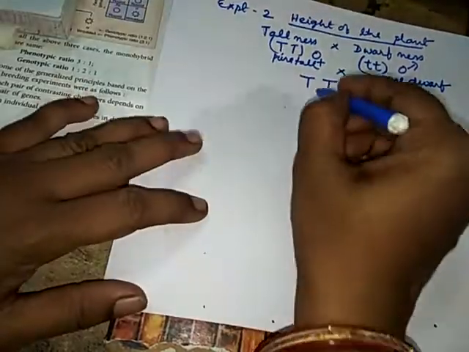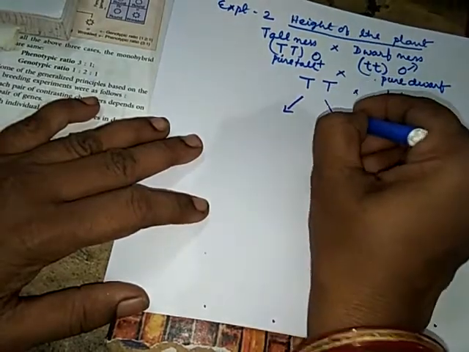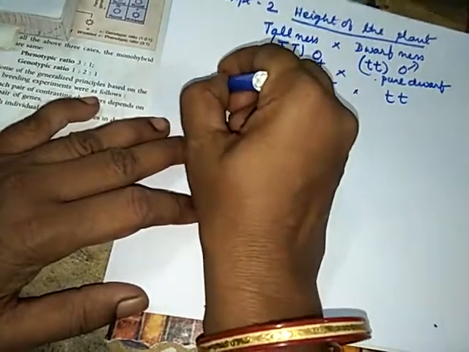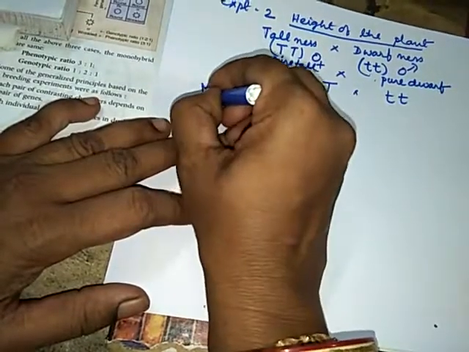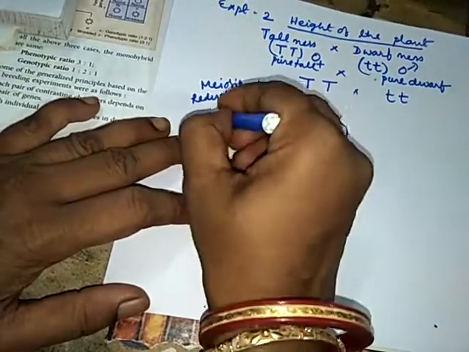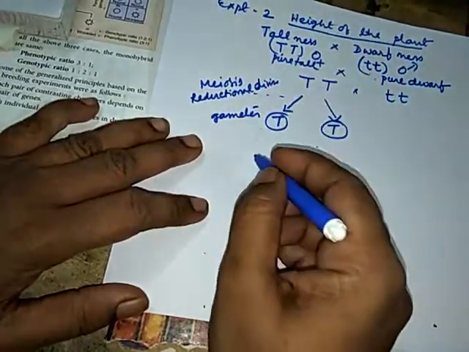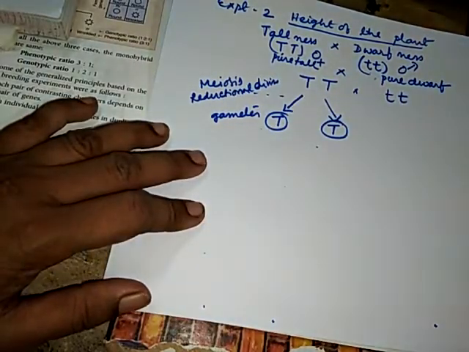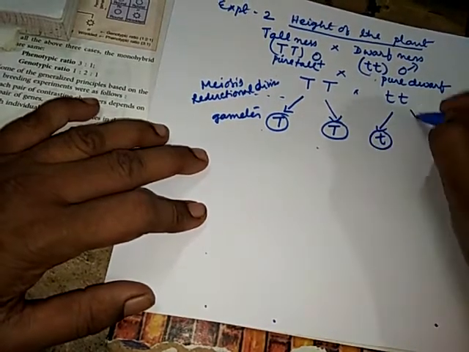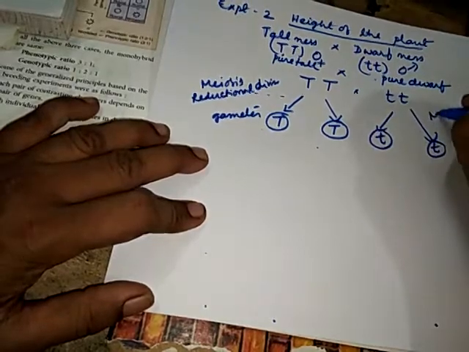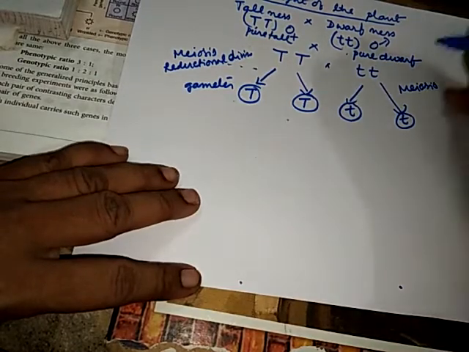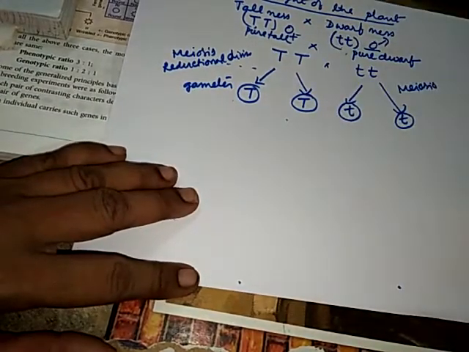So giving the gametes, that is forming the gametes, this is meiosis, reductional division, and these are forming the gametes. When these gametes are forming, here also we will see that meiosis goes on equally, and this is the male and this is the female.